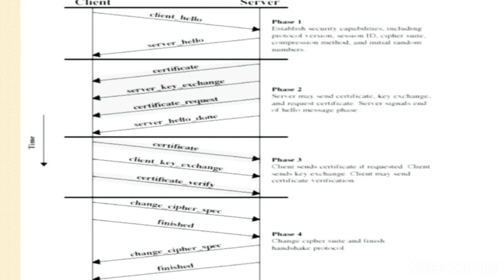Then the server authenticates the client if necessary and uses its private key to decode the pre-master secret, then creates a master secret key for the session and tells the client that it will use the master key for the session. And in the fourth phase, the client decodes the master key and tells the server that it will use the key to encode the session also. And from the server side, the handshake is done. In this way, the handshake protocol provides communication between the client and the server.